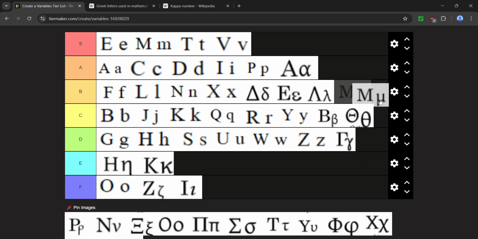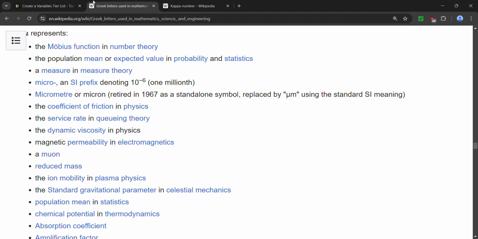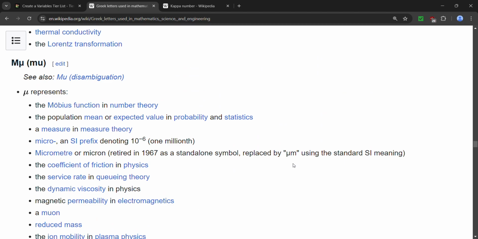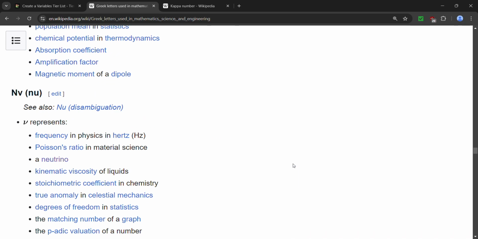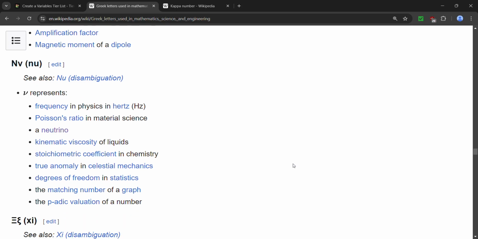I almost want to put it in B tier. I'm gonna put it in B tier just because the fact that it represents micro is really cool, and I don't think any other Greek letter has been able to do that. So I'll give it B tier just for that.